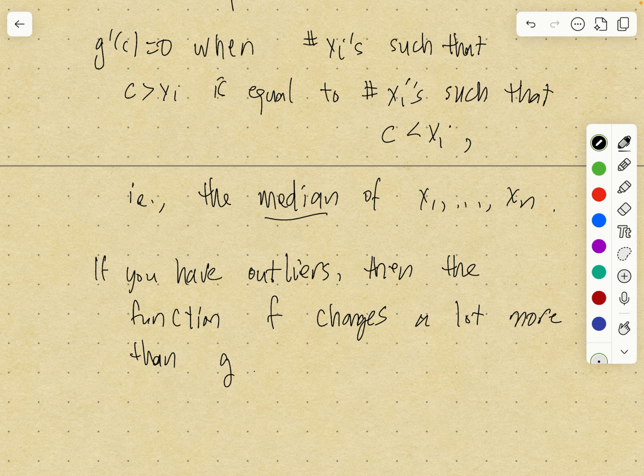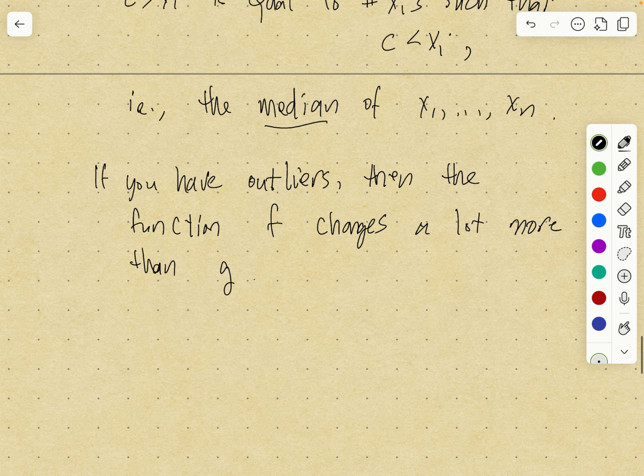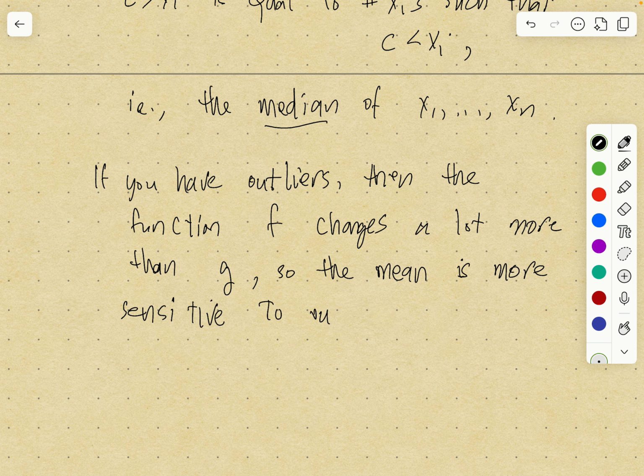When you have a large deviation, an outlier, then that difference, when you square it, is going to be really big. So that changes the mean a lot more. The mean is, in some sense, more sensitive to outliers. It will change a lot more once you introduce an outlier than the median.